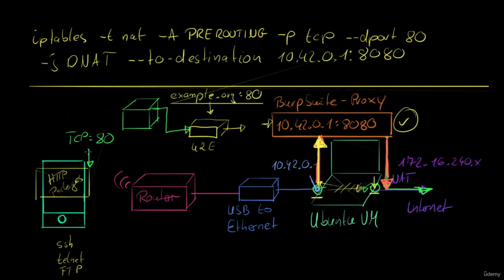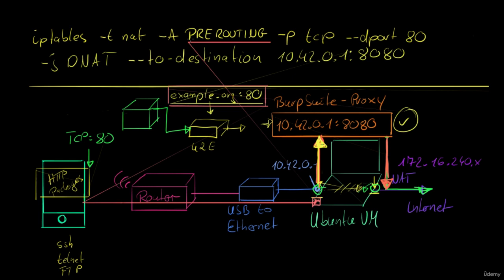If we're making an HTTP request from our smartphone regarding this address, for example, the packet will now be routed through the router into the USB to Ethernet adapter. And here we have now our network interface and our iptables rule established. Every packet that arrives, we have now a pre-routing rule.